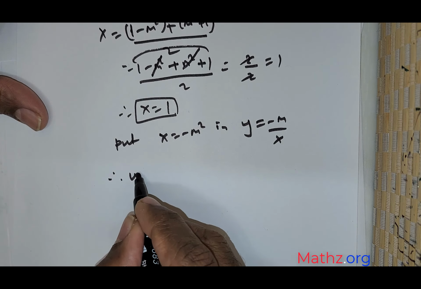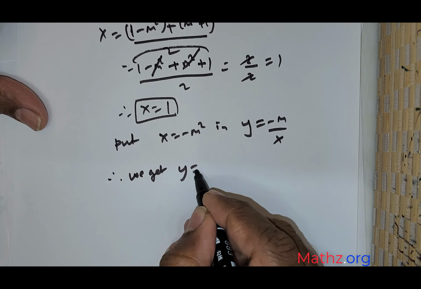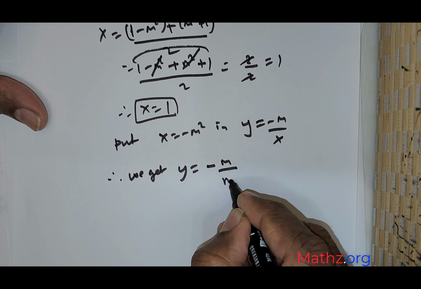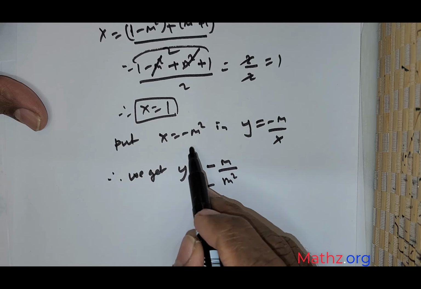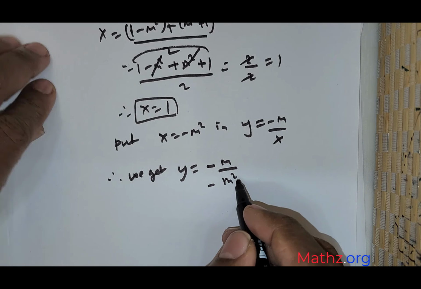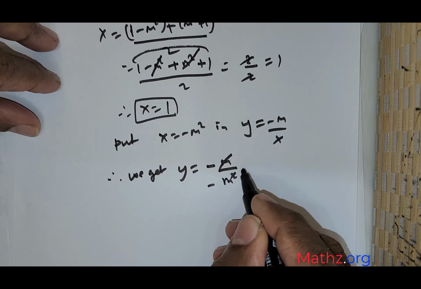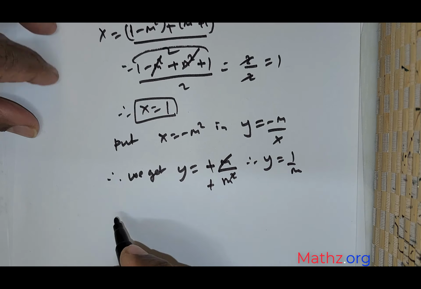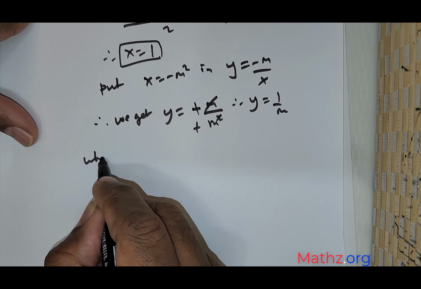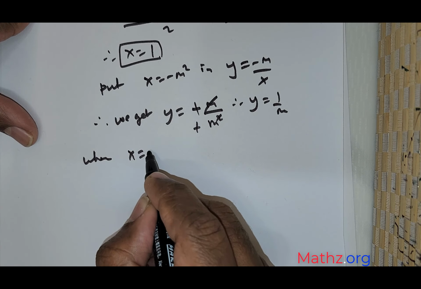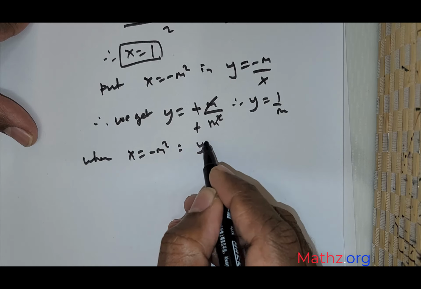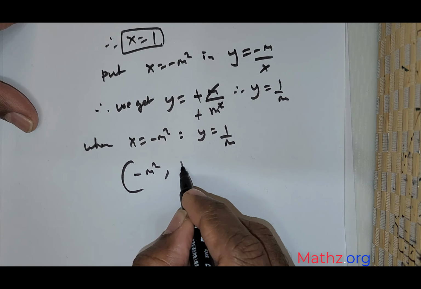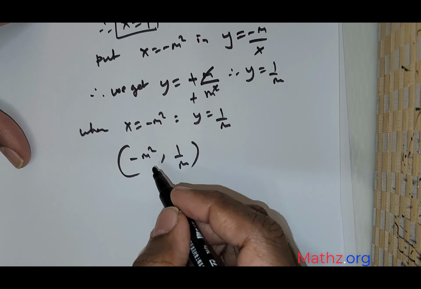So therefore we get y is equal to negative m over negative m squared, right? X is equal to negative m squared. So m and m gets cancelled, this will become positive, so therefore y is equal to 1 over m. So we got one coordinate. What is that? When x is equal to negative m squared, y is equal to 1 over m. So you can write that coordinate, negative m squared comma 1 over m.